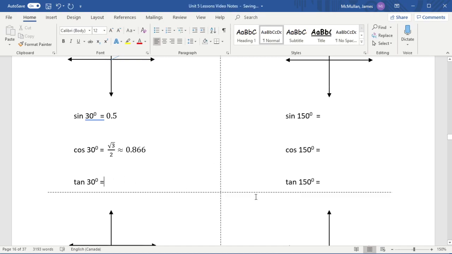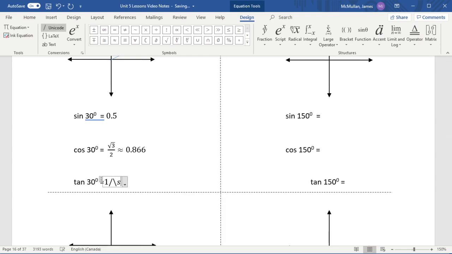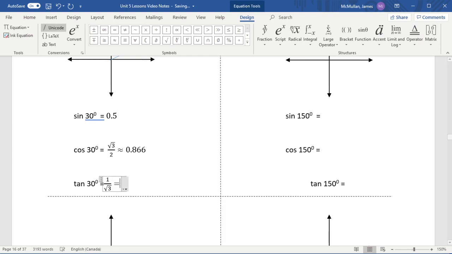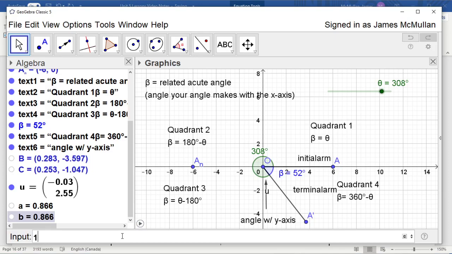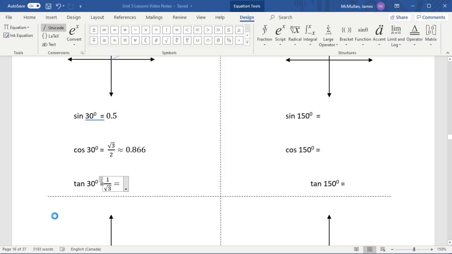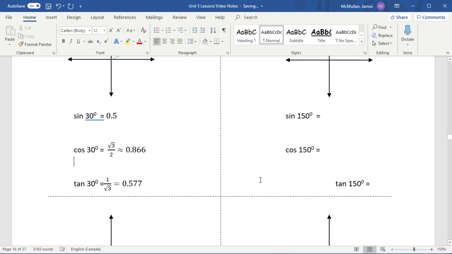Now, tan of 30, we know, is 1 over square root 3, and that number approximately, 1 divided by square root 3, is 0.577. So we have those values.